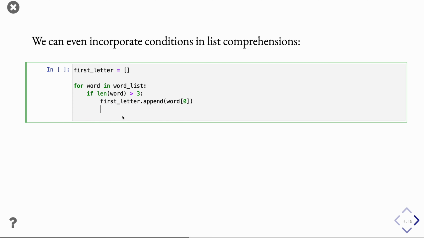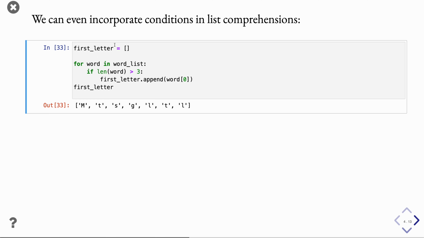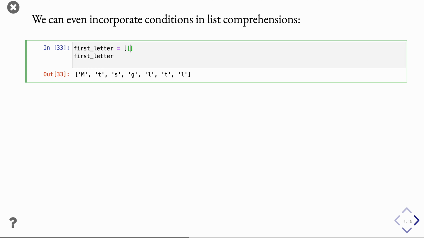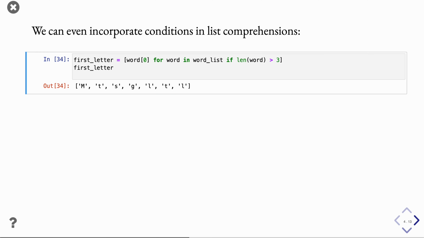We can check this out. We could even do this in a list comprehension by writing first_letter equals list, word[0] for word in word_list if len(word) is bigger than 3.